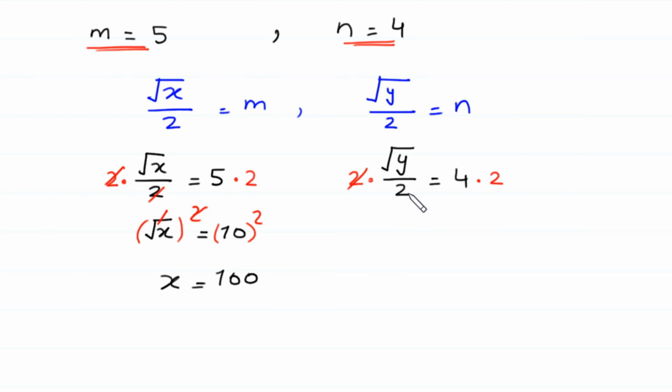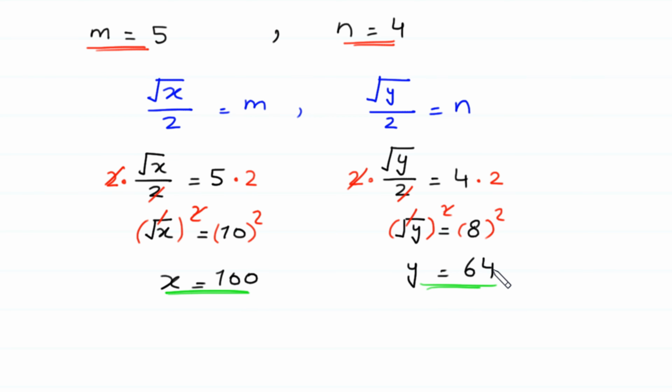This 2 will be cancelled with this 2, and here left square root of y is equal to 4 times 2, 8, and we take square of both sides. This square will be cancelled with this square root, and we get the value of y. Square of 8 is 64. So the value of x is 100 and value of y is 64.